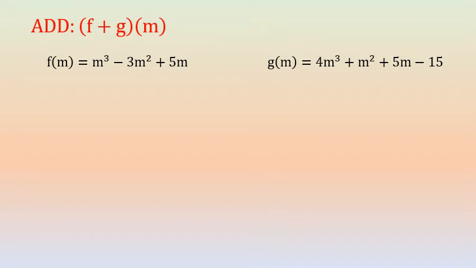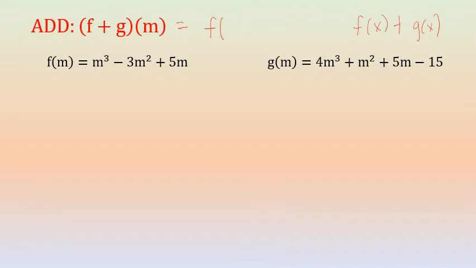Okay, so first one. We are asked to find the sum of f and g of m. So again, what is our formula kapag ganito? Kanina ang sabi natin, di ba, f of x plus g of x.